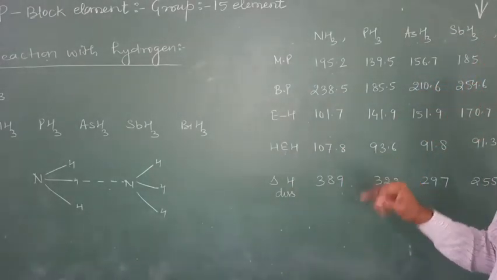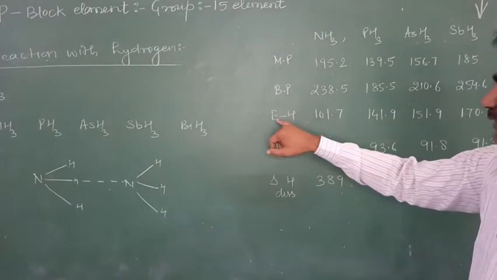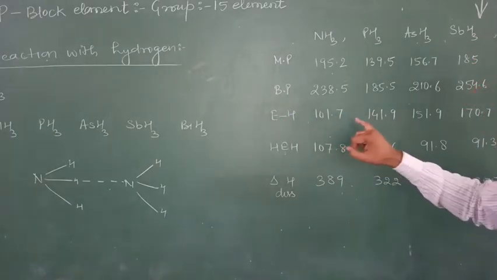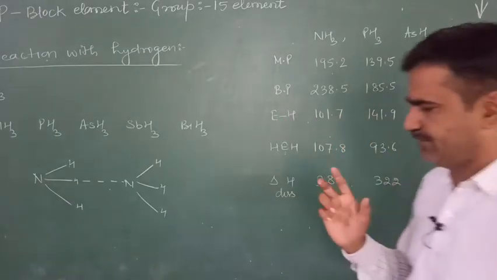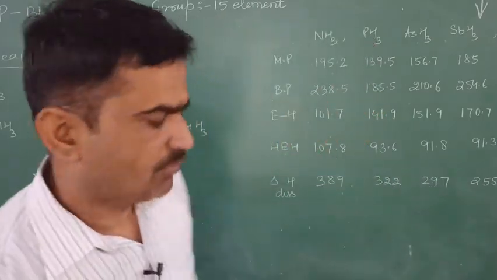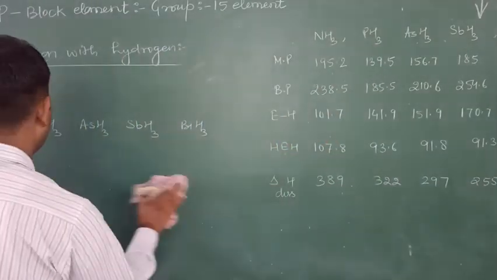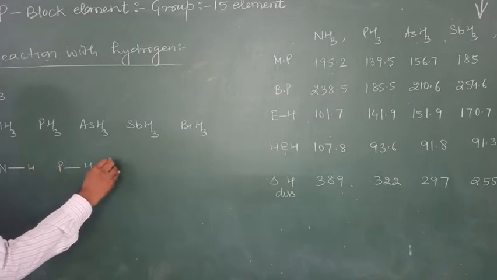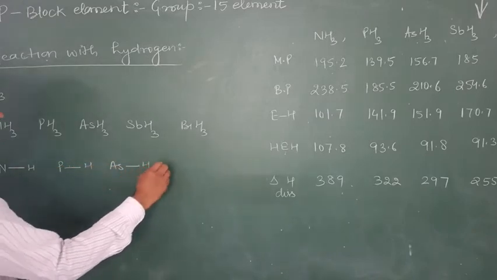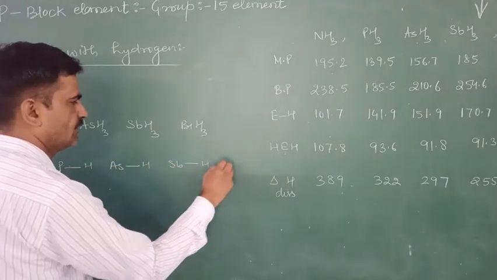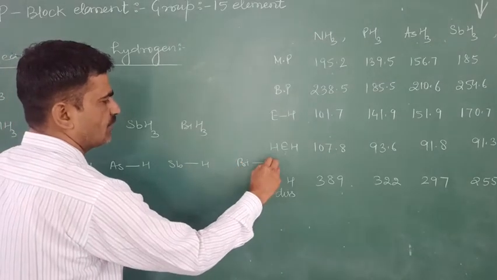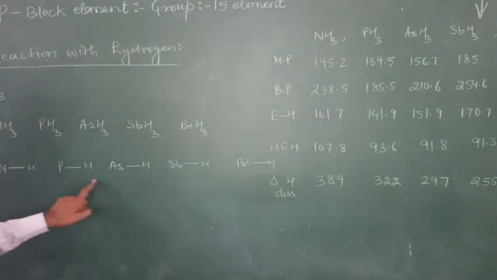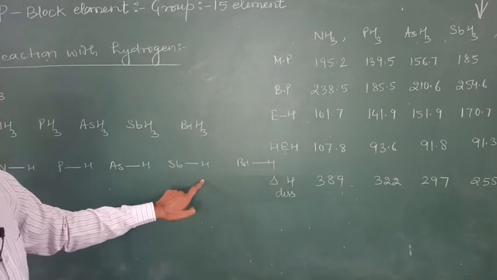After this we will talk about the element hydrogen bond length. If we talk about the element hydrogen bond length, the nitrogen hydrogen, phosphorus hydrogen, arsenic hydrogen, antimony hydrogen and bismuth hydrogen bond lengths regularly increase down the group.